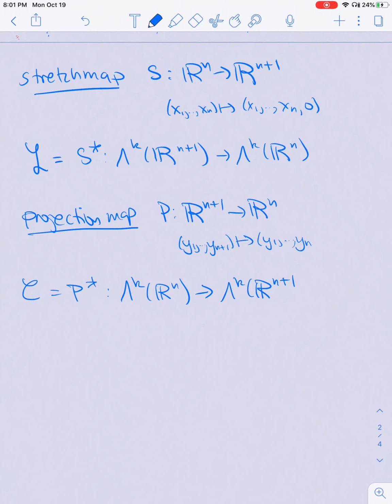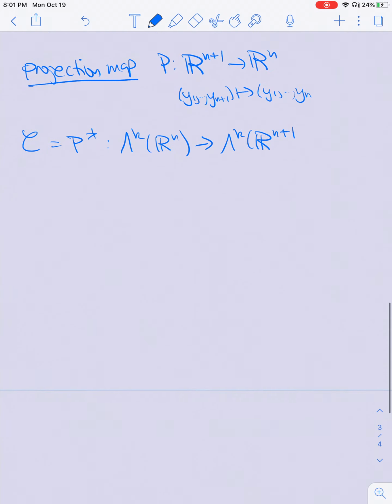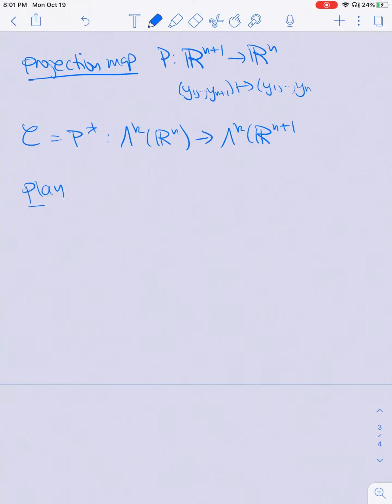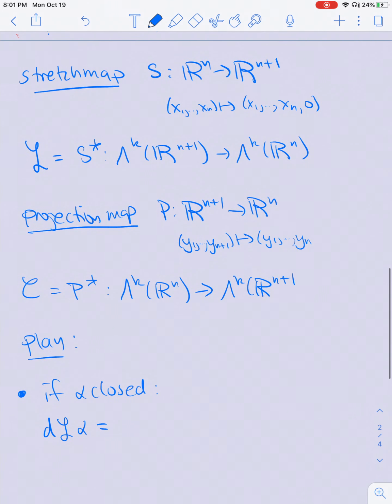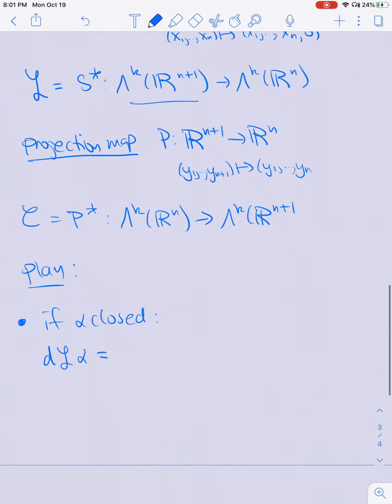So how are we going to use these two? I said there were going to be 3 maps, but we'll talk about the third one in a moment. So if alpha is closed, then let's consider what d of L alpha is. Alpha is a k-form on Rn plus 1, and d of L alpha is going to be a k plus 1 form on Rn.